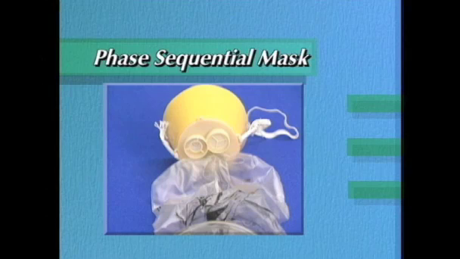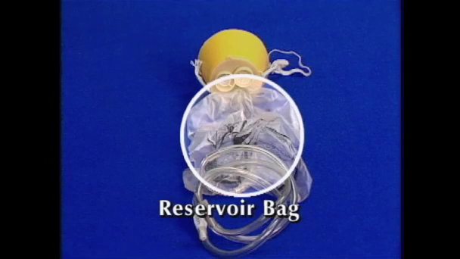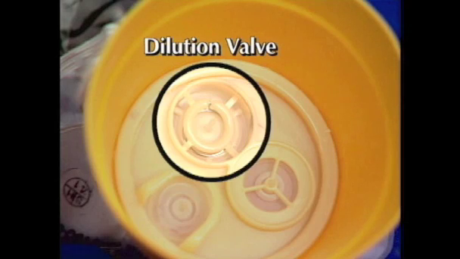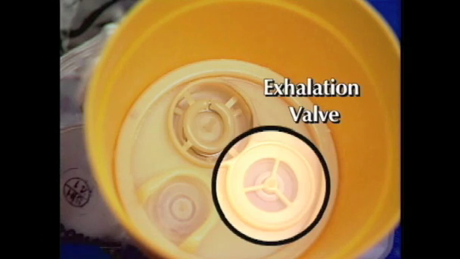The phase sequential continuous flow mask is a passenger mask that looks similar to a rebreather mask. These masks have reservoir bags for the supply of oxygen coming into the mask, a dilution valve which permits entry of outside air after the bag has been drained of its oxygen, and an exhalation valve which dumps air overboard when the user exhales.